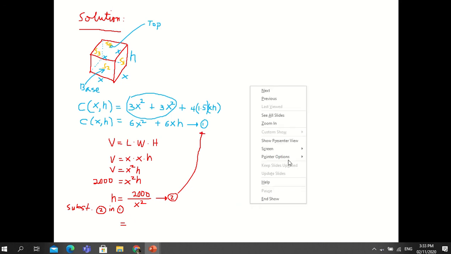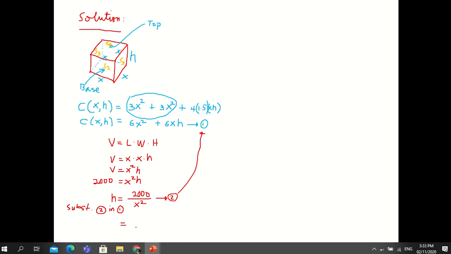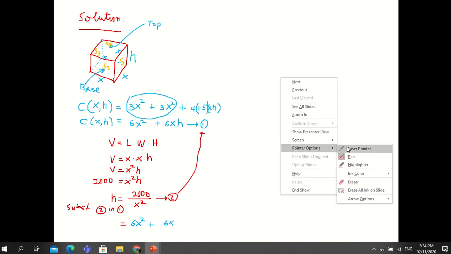So we have 6x squared plus 6 times x times h, but h is equal to 2000 divided by x squared, so just multiply it by that equivalent.